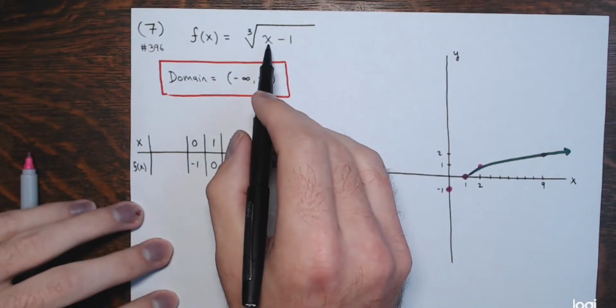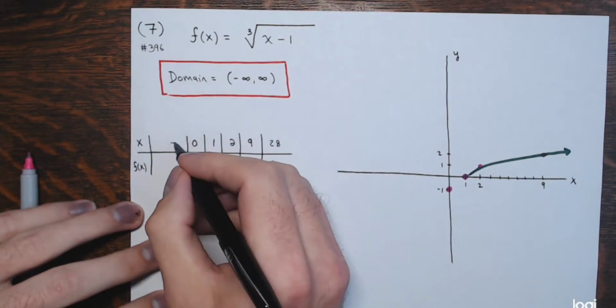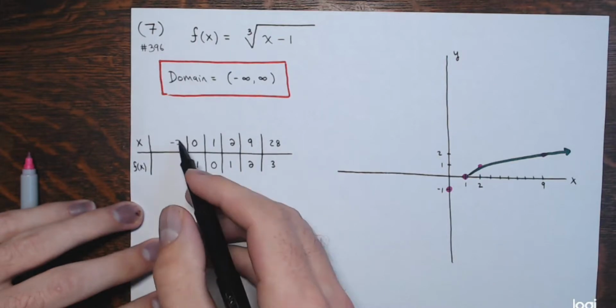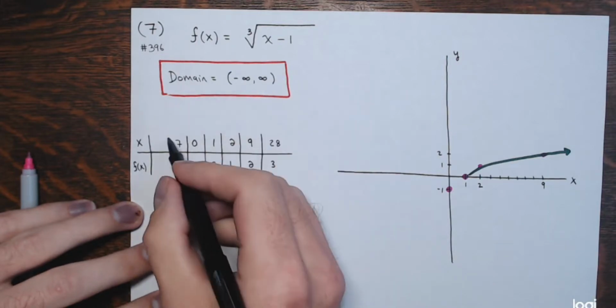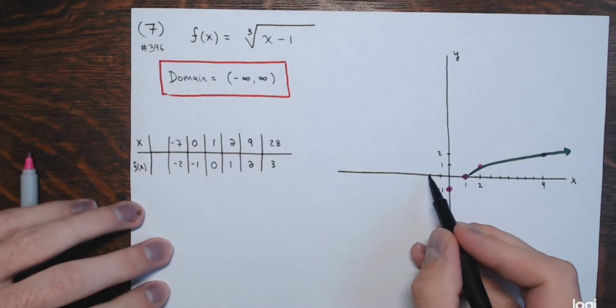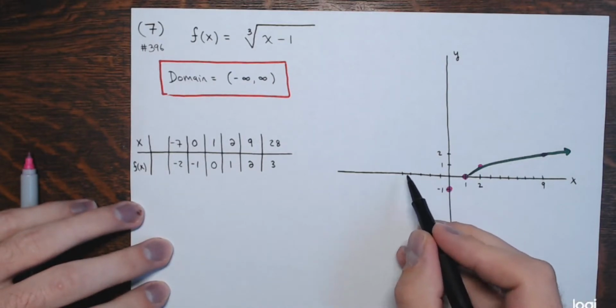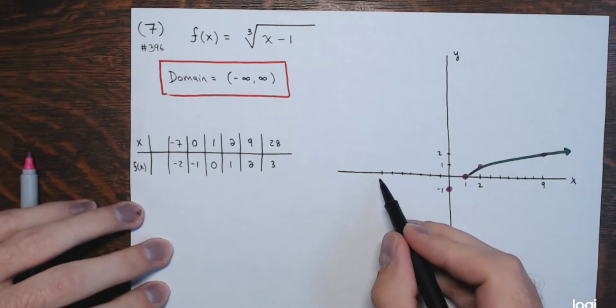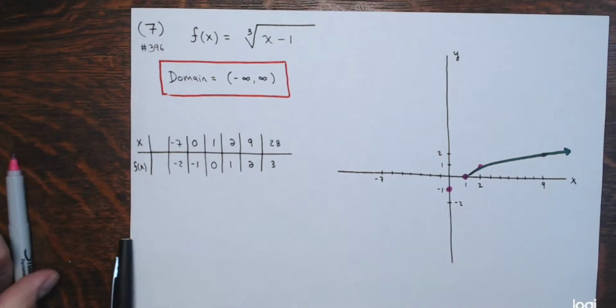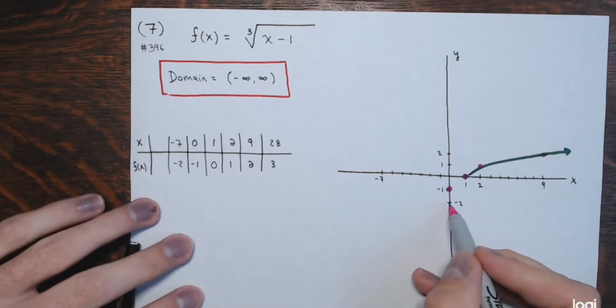To get negative 8 inside the cube root symbol, I need negative 7 for x, right? Plug in negative 7 for x. And the cube root of negative 8 is negative 2. Right, so negative 7 for x, and then negative 2 for the output. So negative 7 input, negative 2 output.